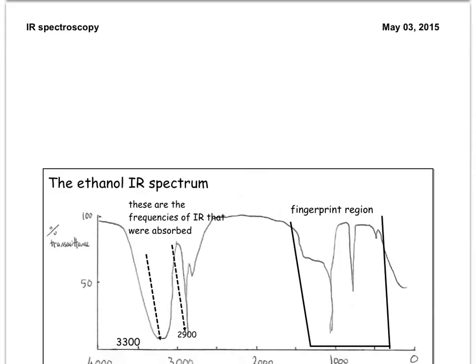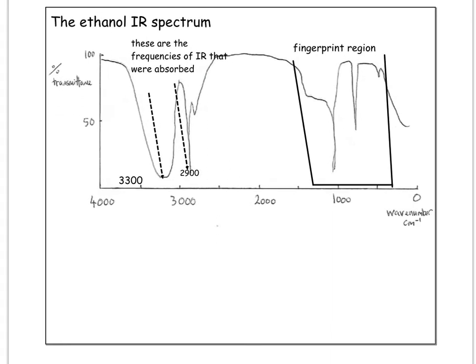So this is the spectrum of ethanol. First of all, the axes: we have wave numbers, which is the printout given from the IR spectrum, and then we have the percentage transmittance. This is a pretty appalling diagram, I apologize. We can see that in ethanol there's a big absorbance.